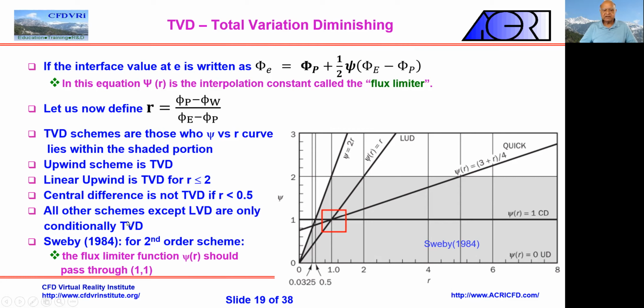Now, one interesting fact that Sweby, who did this plot, said is that a second order scheme is one where the flux limiter must pass through 1, 1. This is the point it must pass through to be a second order scheme. All other schemes are not truly second order, so it doesn't matter what people claim. This is where the crux of the matter is. You can see there is no ideal scheme, and this basically tells you some of the best schemes there are.